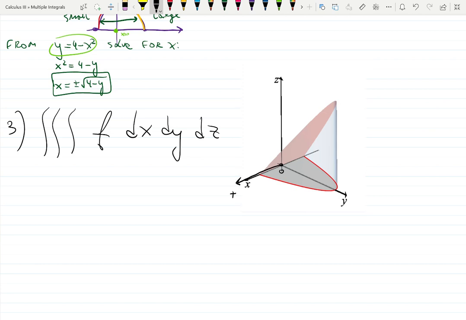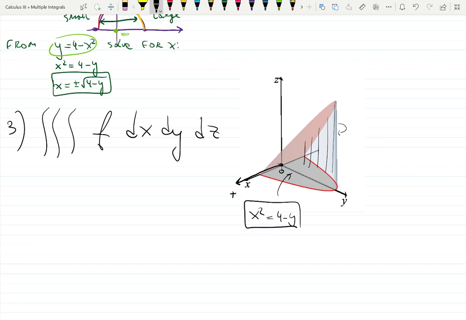So this is 0, and then back to the back, it's negative. From the smaller part to the larger part, x is still changing from this part of the parabola in 3D to this part of the parabola, but now it's still coming from the same equation, basically, even though it's from this type of wall to this type of wall. And this equation is x squared equals 4 minus y.